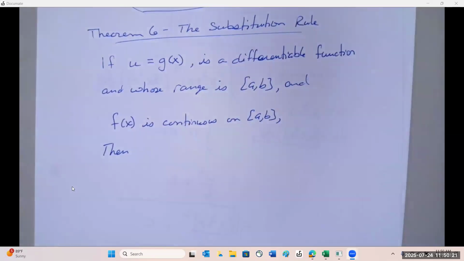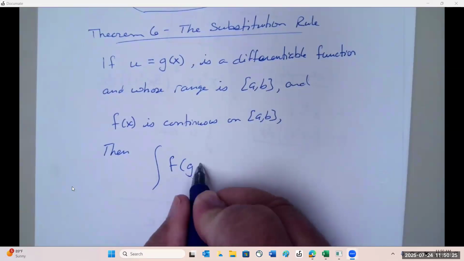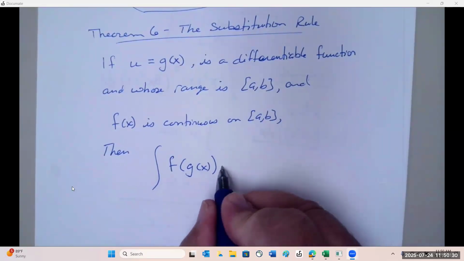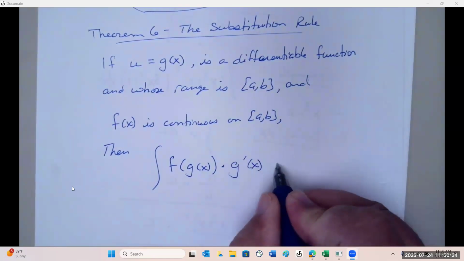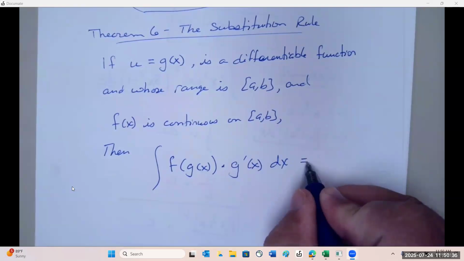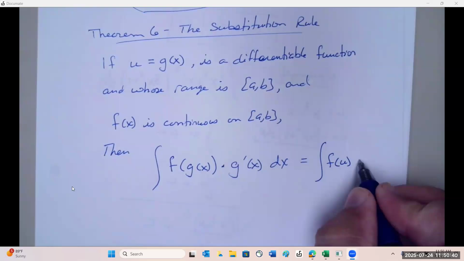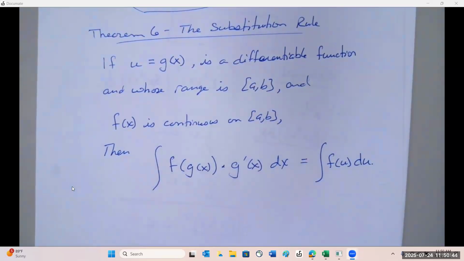So then if all that's true, and we've seen this formula before, the composite function f of g of x times the derivative of the inside equals the integral of f of u du. It's kind of like the chain rule.